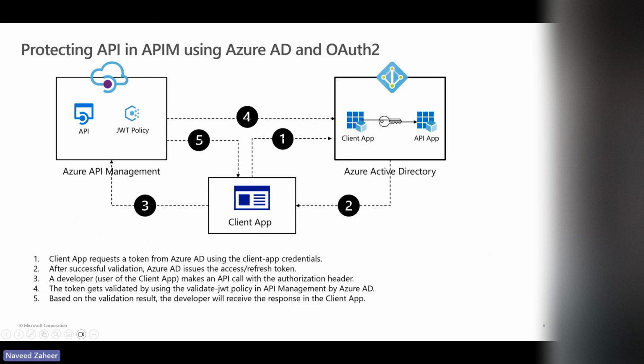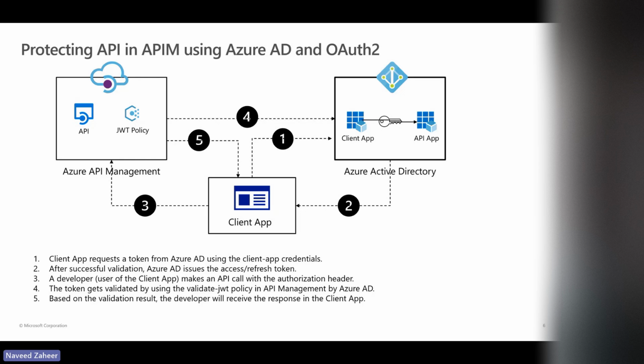One thing that I want to mention here. This is how this whole thing works in regards to how you protect your APIs with APIM, with Azure AD and OAuth 2. First of all, you have a client app that is trying to call an API in Azure API Management.